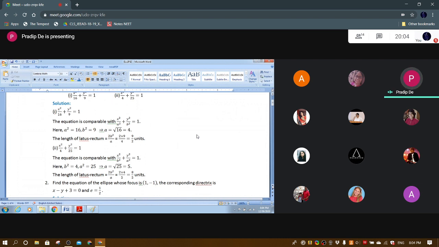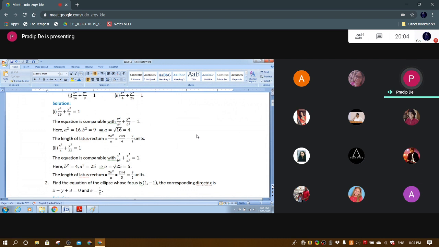This type is common to parabola, ellipse, and hyperbola, all three. What is the type? Focus given, directrix given, and the eccentricity given. In case of parabola, e is always 1, so the focus and directrix are enough.